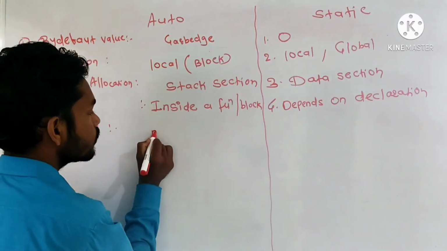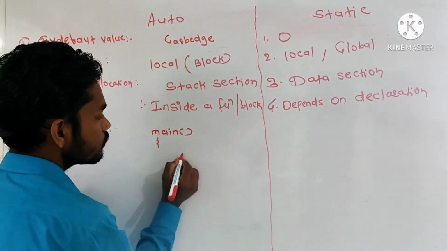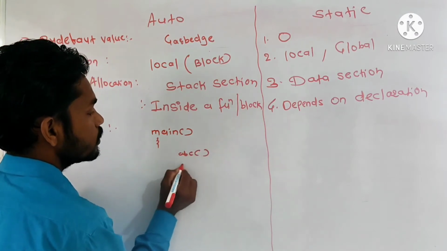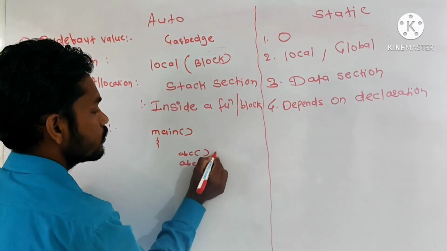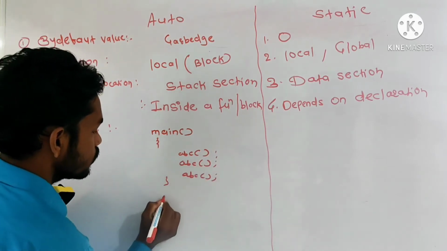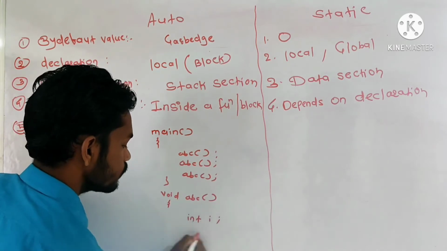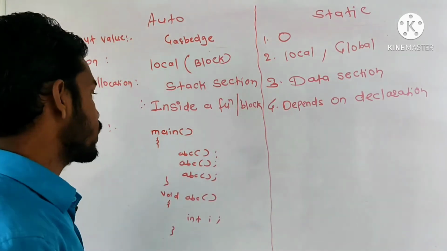Example, main function. Function ABC, if we call function ABC, this is a void ABC function with an integer.